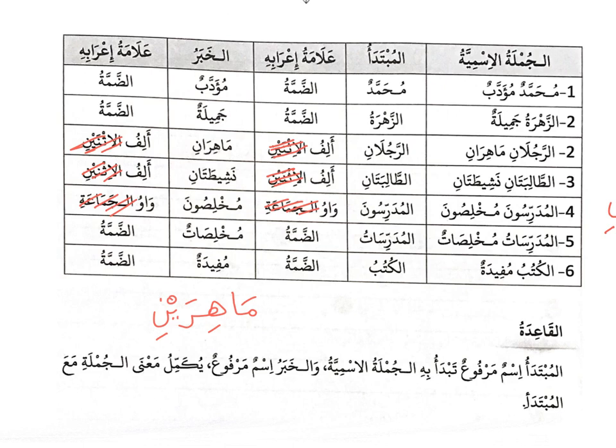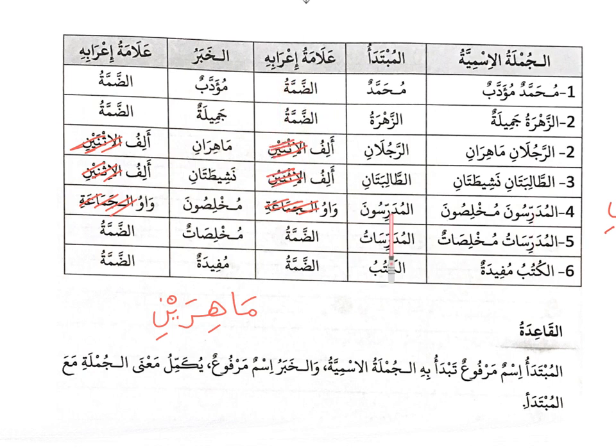And finally we look at al-jumlatul rabi'ah, al-mudarrisuna mukhlisuna. The word al-mudarrisun is the mubtada in the sentence, and mubtada is marfu'. So when something is marfu', now we know that there are two signs. The first is the dhamma, the second is the alif. So we always try to use the first alama, which is the dhamma.